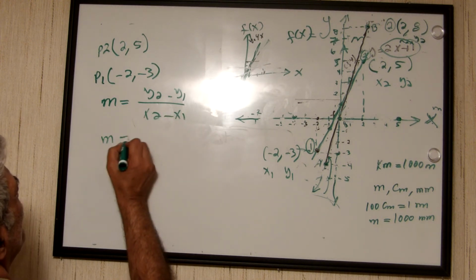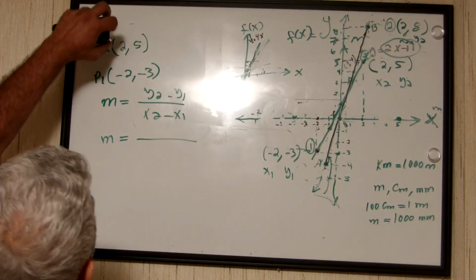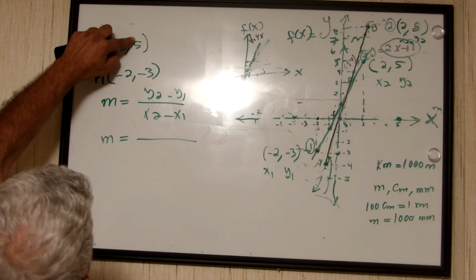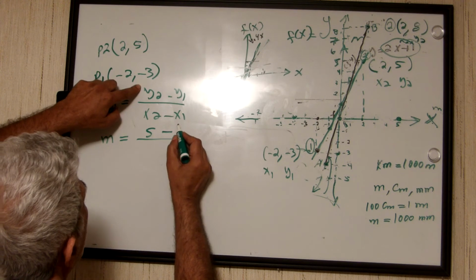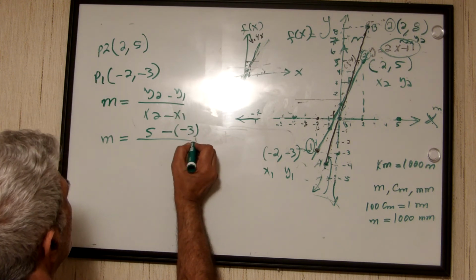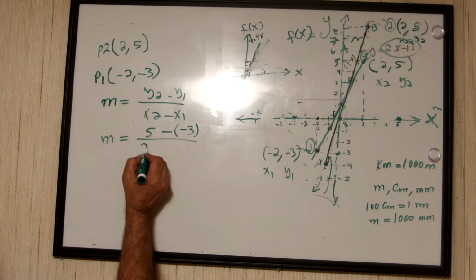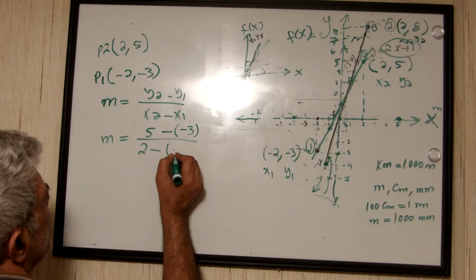So m is going to be equal to, see, y2 for point 2 is 5, minus the value of y1, which is minus 3, and then x2 is going to be 2, and x1 is going to be minus 2, so 2 minus minus 2.